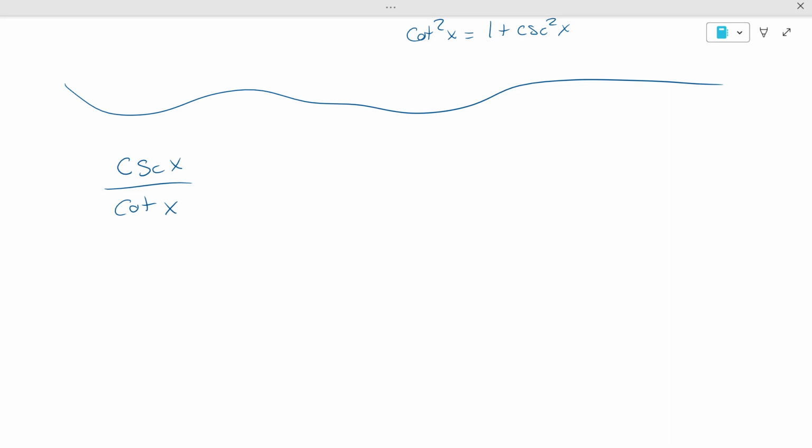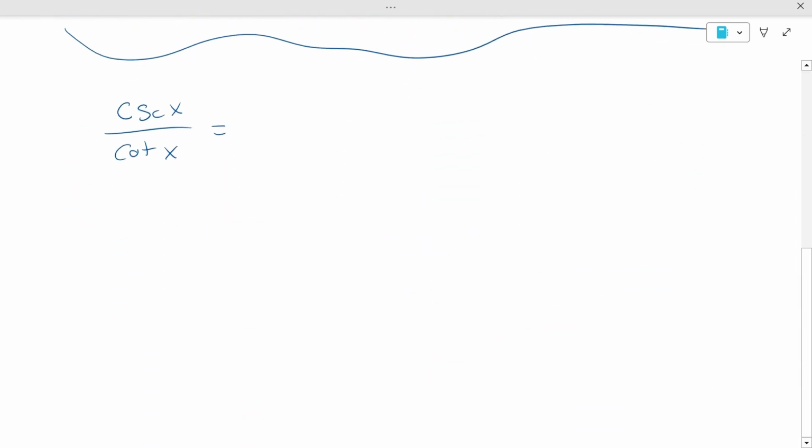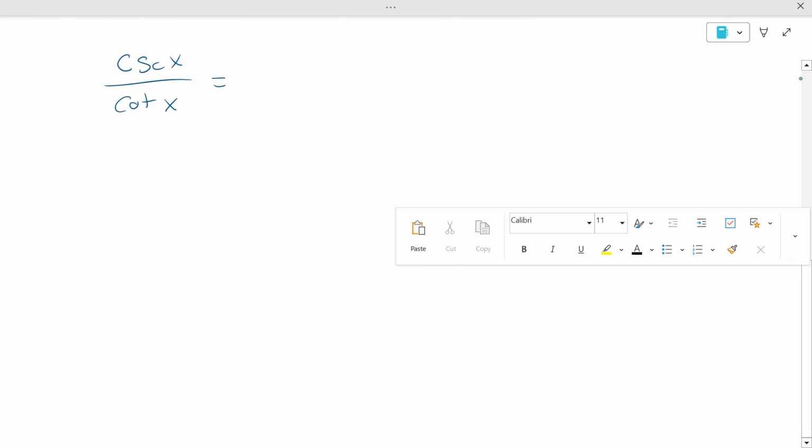Well, if I tell you to put it in terms of sines and cosines and simplify, what does cosecant become in terms of sines or cosines? I just had it right up here. What is cosecant equal to in terms of sines and cosines? 1 over sine of x. So you're right, 1 over sine of x.